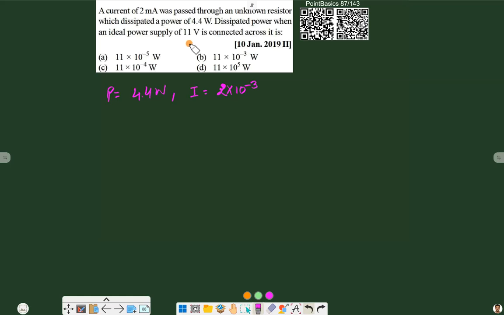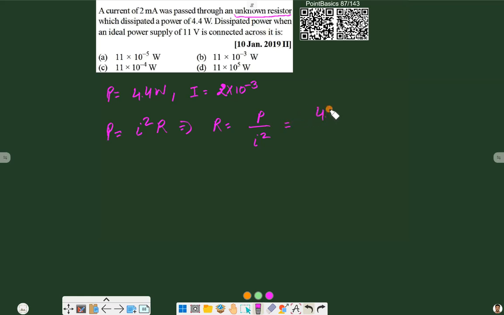Now, first we will calculate the value of this unknown resistance, and that can be calculated as power is equal to I square into R, and from this R is equal to P by I square.